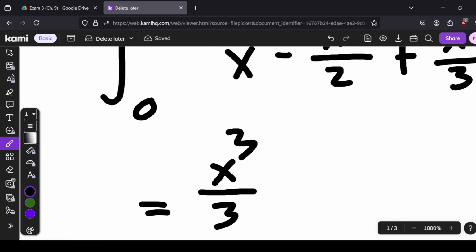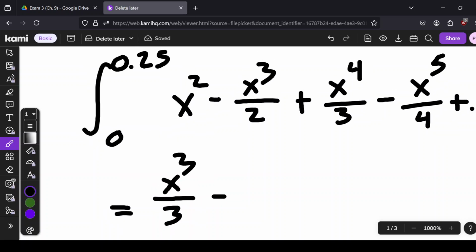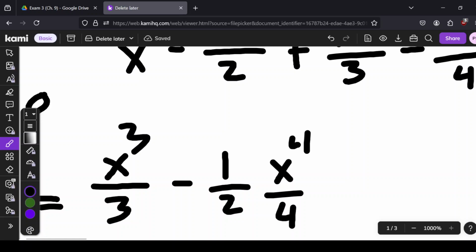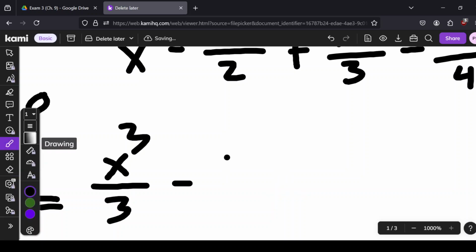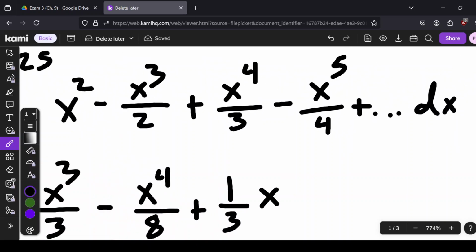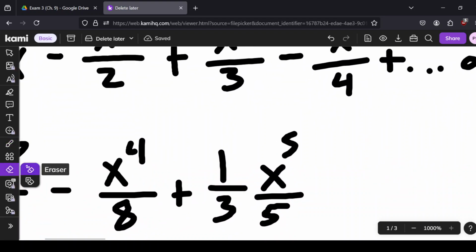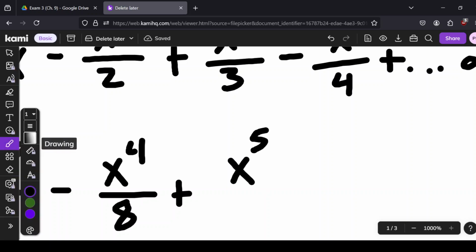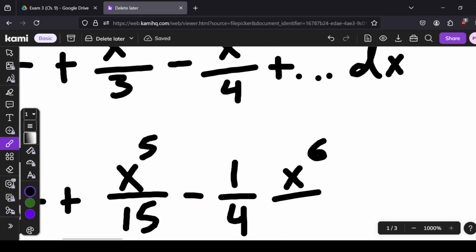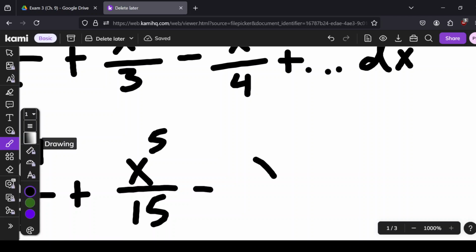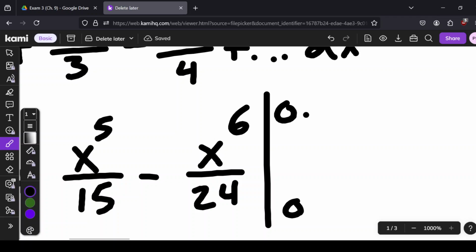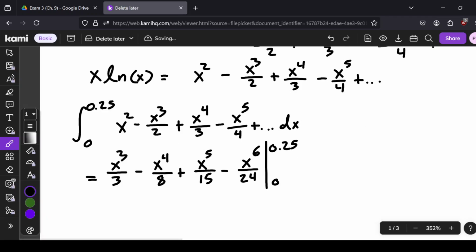We got x cubed over 3 minus, pop that fraction, 1/2 of x to the 4th over 4, and then combine that back together to be x to the 4th over 8, plus, pop the fraction out again, x to the 5th over 5, put them back together, x to the 5th over 15, minus, do the same thing, x to the 6th over 6, yeah, x to the 6th over 24, evaluated from 0 to 0.25.